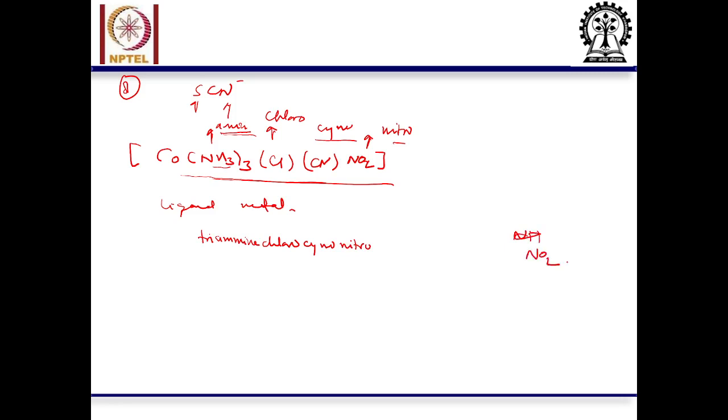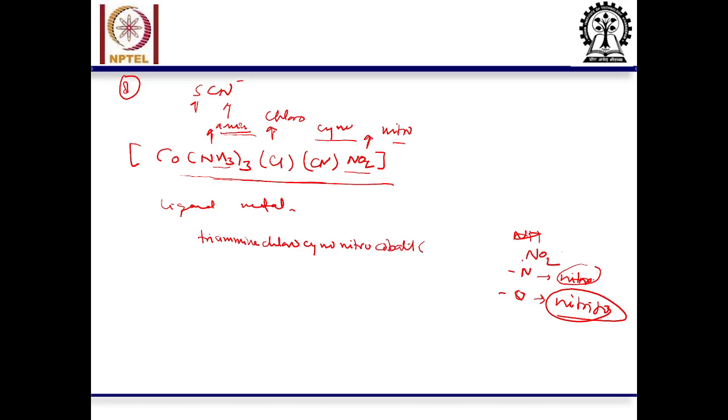NO2 can bind in two ways, either through N or through O. Nitro-N is basically called nitro. When it binds through O, it is called nitrito-O. So if it is written like NO2, it is generally nitro. So it is written as triamminechlorocyanonitro, then we write cobalt.